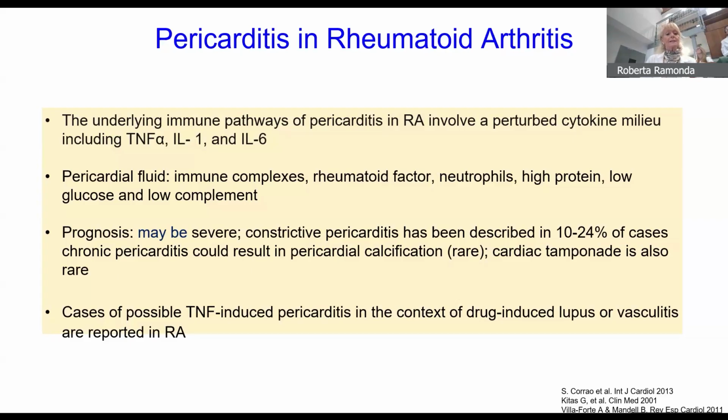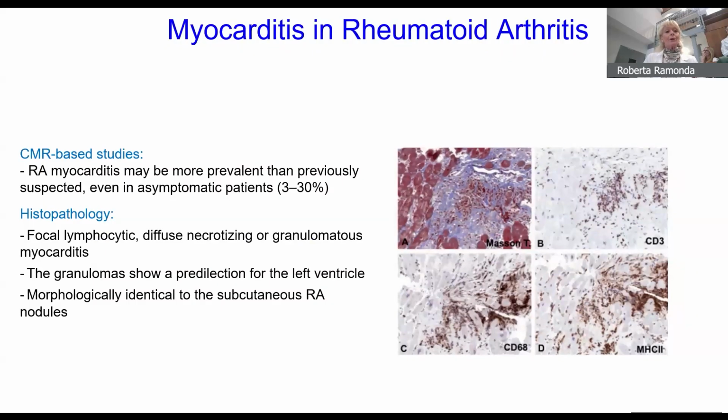There are some cases of possible TNF-induced pericarditis in the context of drug-induced lupus or vasculitis in patients treated for rheumatoid arthritis. Myocarditis is rare, but it is possible to find it, frequently in asymptomatic patients, between 3 and 30% of patients.